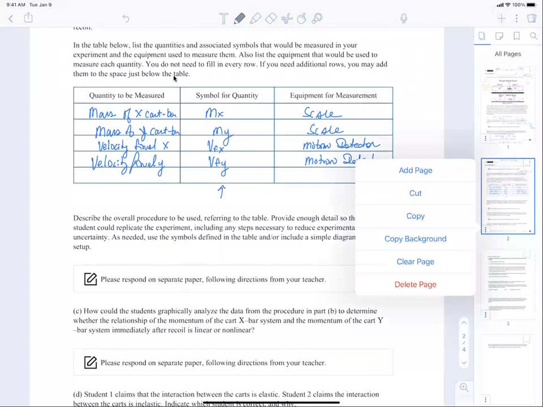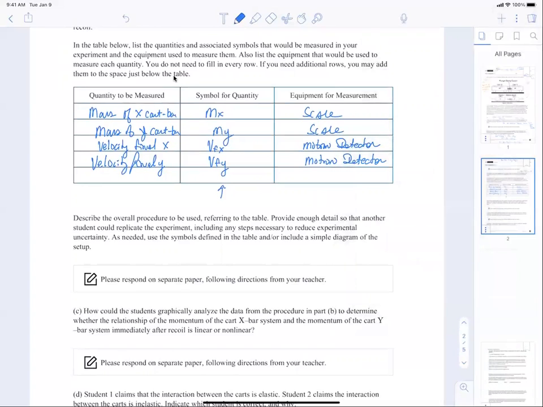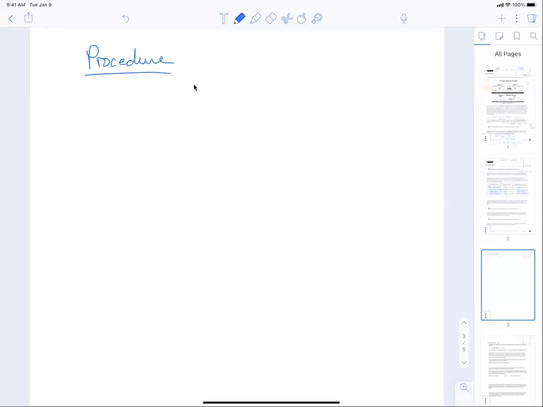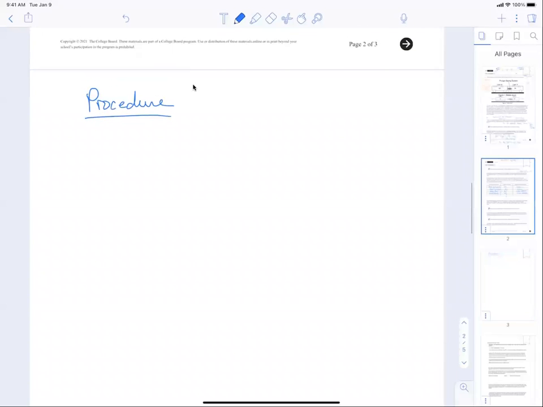Yes. Add a page. Perfect. So procedure. One of the things is, again, it is best if you have a drawing because you want to refer to your sketch in your procedure. So 1, and your table of data.